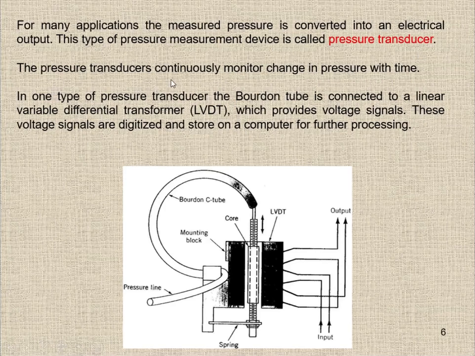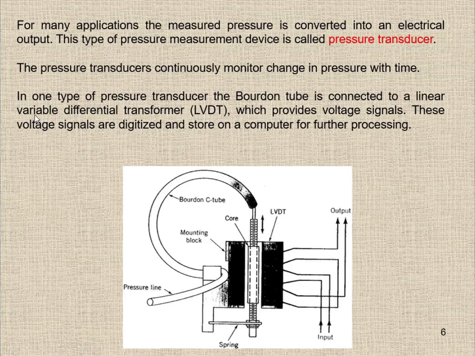Pressure transducers continuously monitor change in pressure with time. You can observe the behavior of the system or the fluid, how the system pressure is varying, and based on the pressure transducer you can measure or record those values.